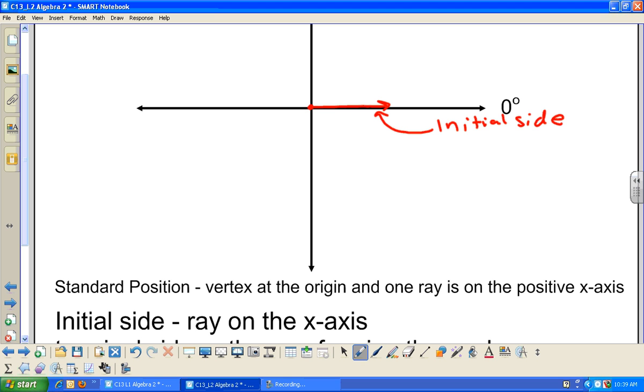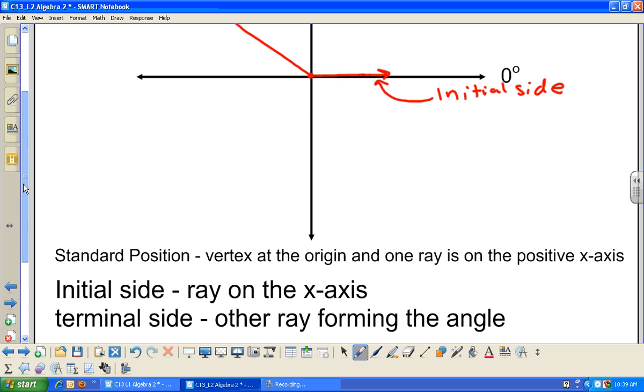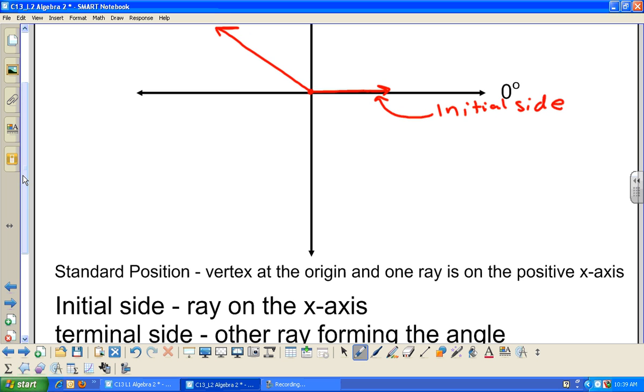Now when I'm going to draw angles in the xy axis, if I were to draw this side right here, this would be called my terminal side, the other ray forming the angle.